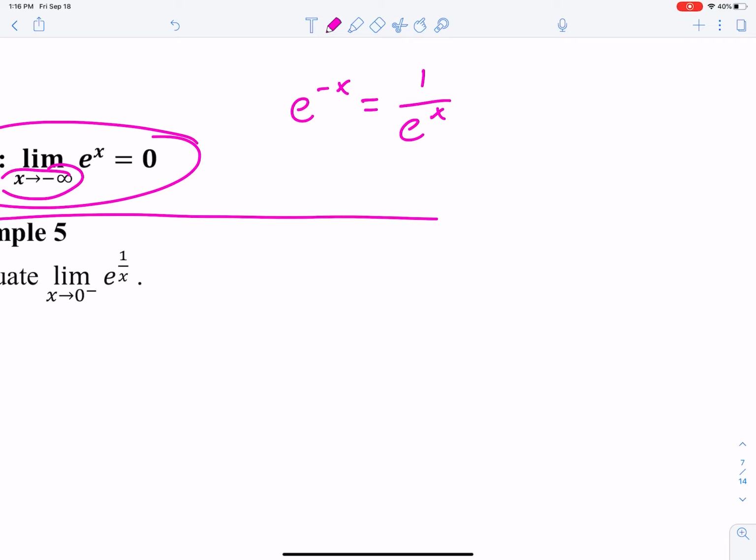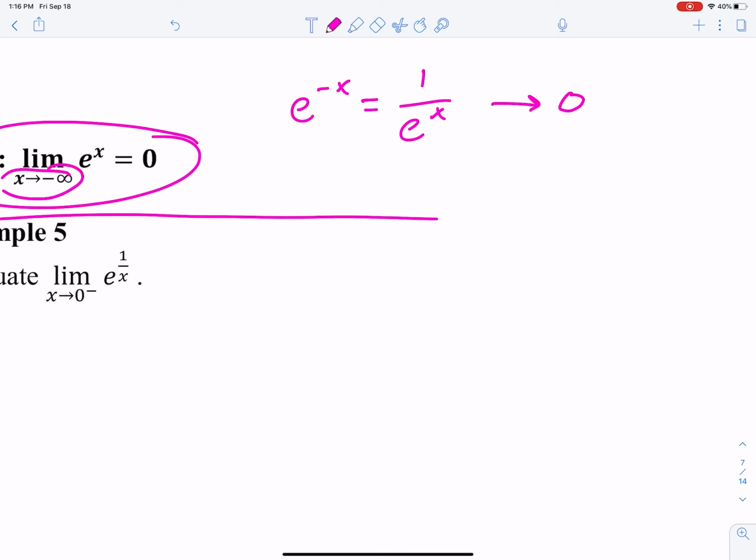And what happens then if this goes to infinity? If x goes to infinity, then e to the x goes to infinity. And if our entire denominator goes to infinity, the denominator gets huge, the fraction gets small. So this will approach 0 as we go to infinity or negative infinity.